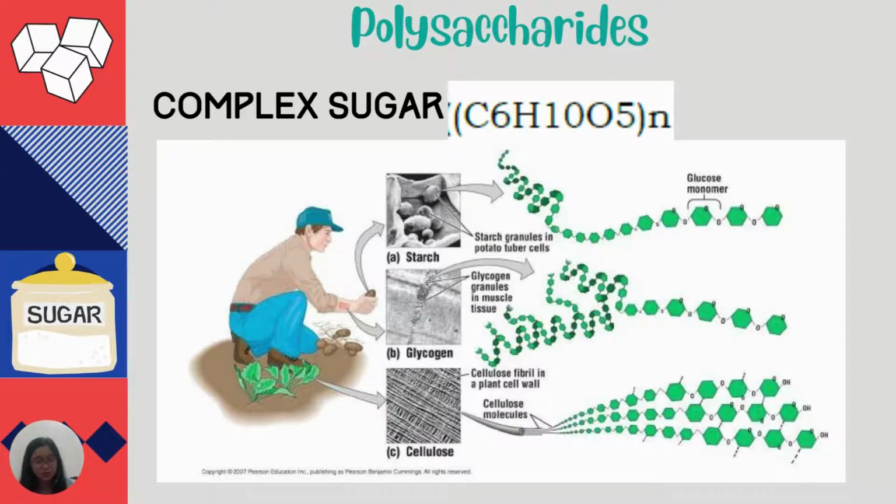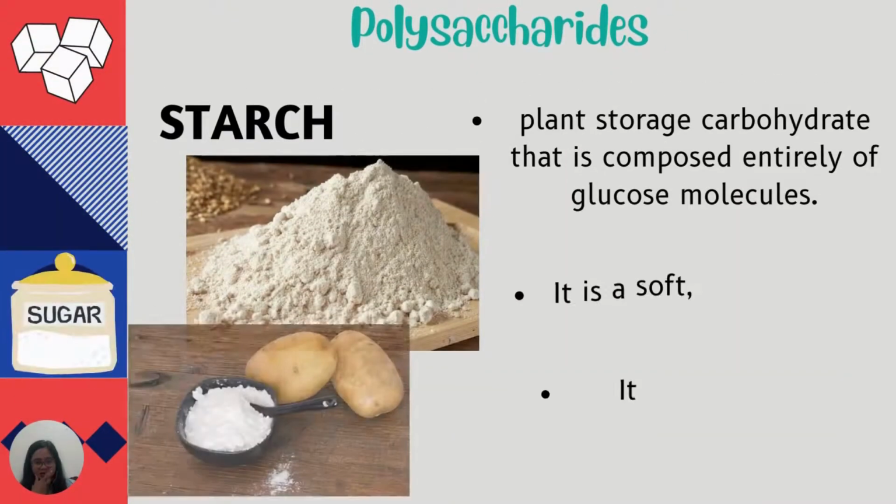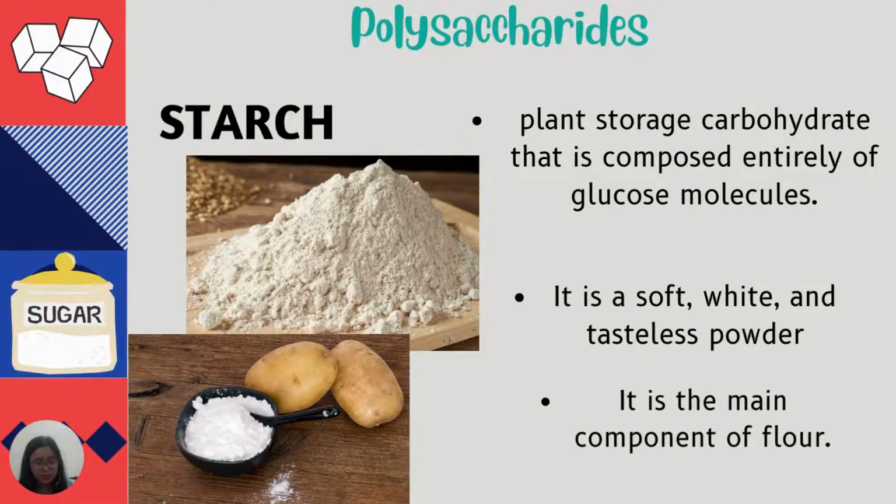We have here examples of polysaccharides. First, we have the starch. Starch is a plant storage carbohydrate that is composed entirely of glucose molecules. So, ibig sabihin, this starch is composed of chains of glucose.